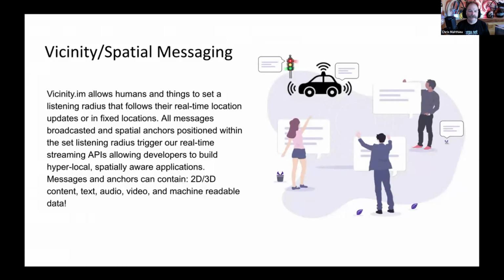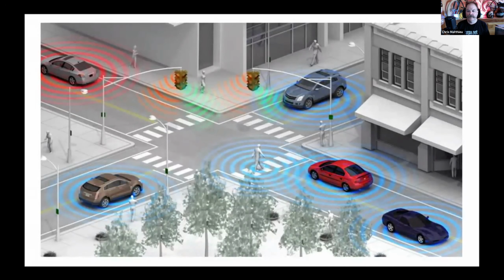Imagine if everything was connected to XARPANET, whether it be people, cars, street lights, etc. As they chirp their lat longs or their status or state, like green light, red light, yellow light, those messages could be filtered or heard in that area.